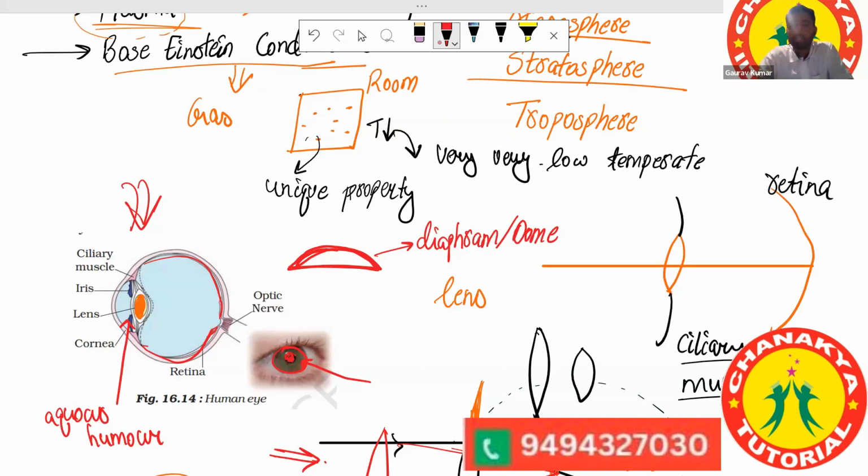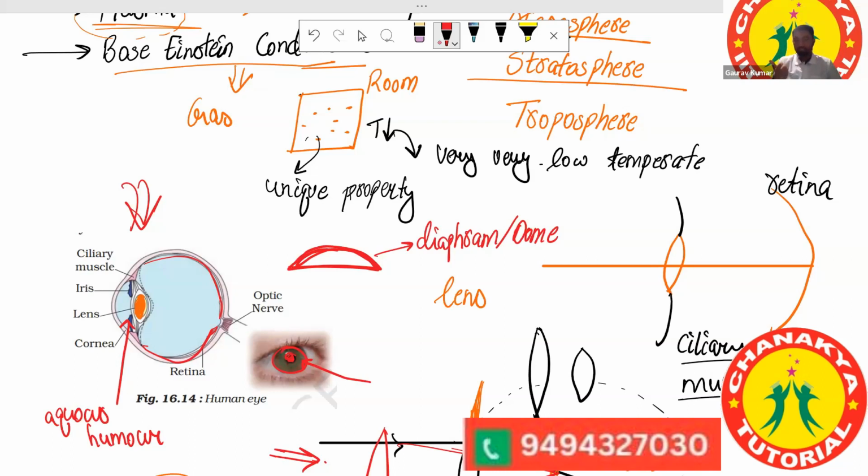If you enter a room, you will observe that it takes some time for your eyes to adjust so that you are able to see in the dark room. If you directly come from sunlight and enter into a dark room, you won't be able to see anything, but after some time the eyes adjust.